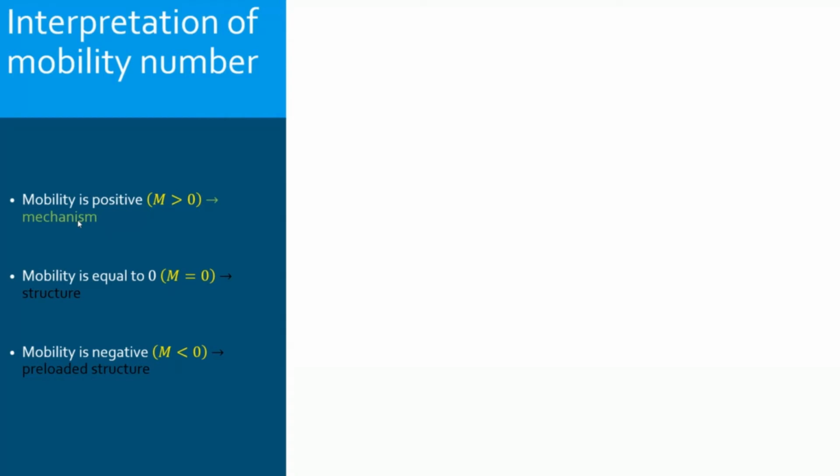It means there is no motion possible. It's static relative to the ground. Don't forget that the ground itself is a reference. It's not necessarily static. If mobility is 0, the system will behave as a whole rigid body.